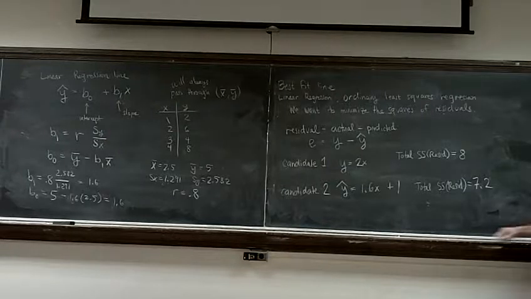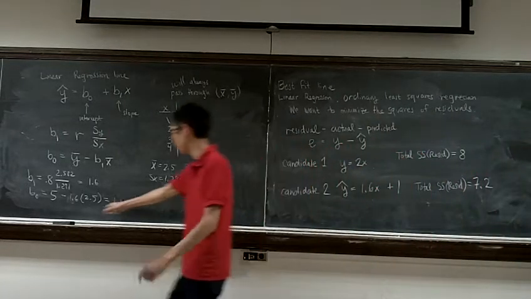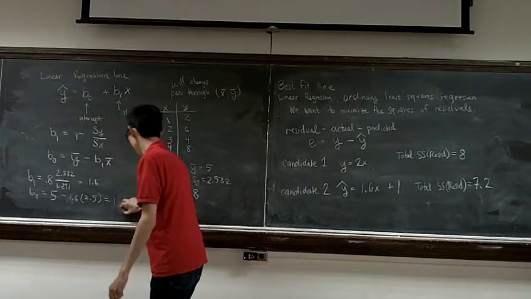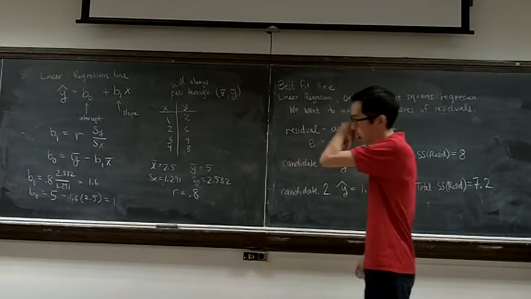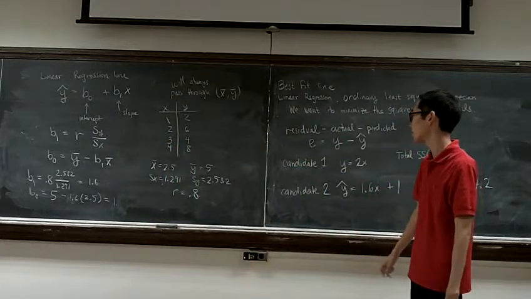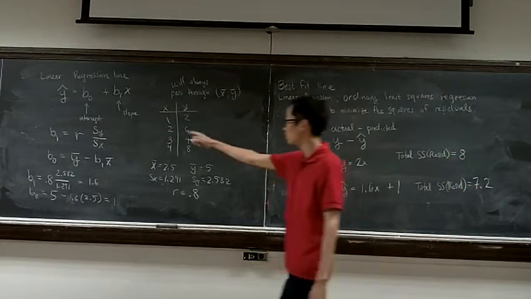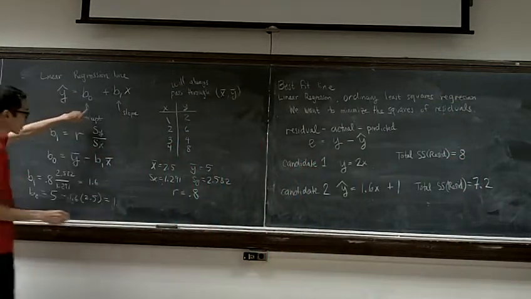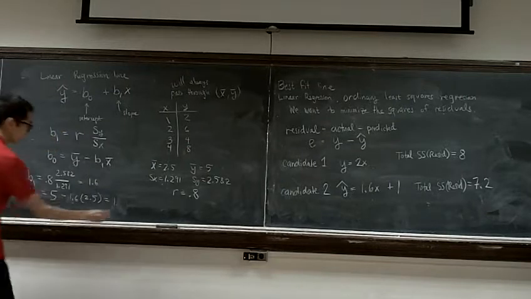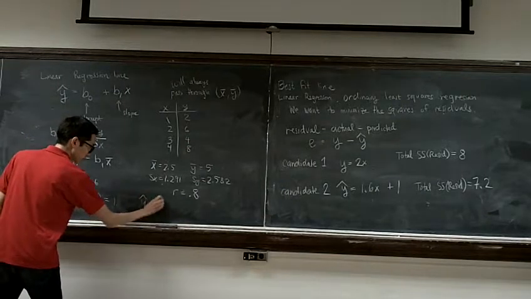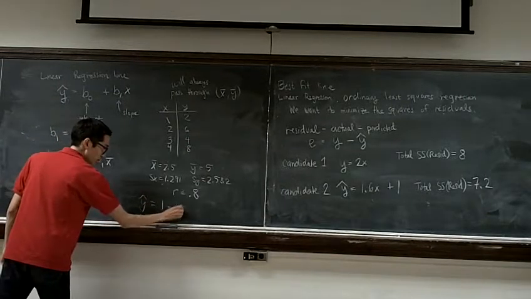All right, I'm sorry. I get 1, not 1.6. Just reading it back. So plugging these values in, I get y hat is equal to 1 plus 1.6x.